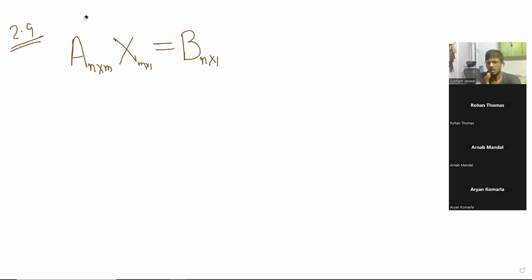And last day, I had asked a full set of questions on this, and that subsumes this. So they're saying, prove that if the system has more than one solution, then it has infinitely many. So how do you do it?